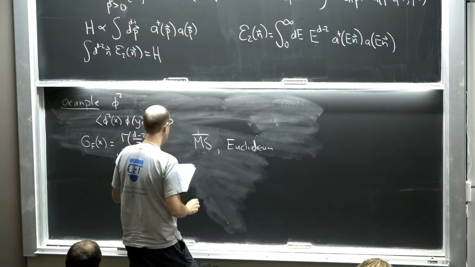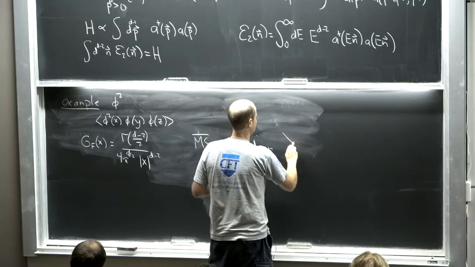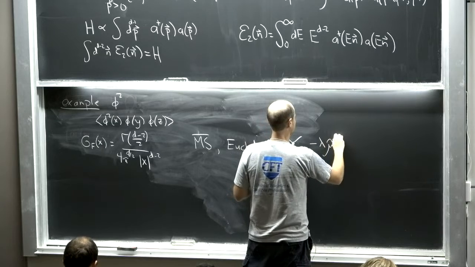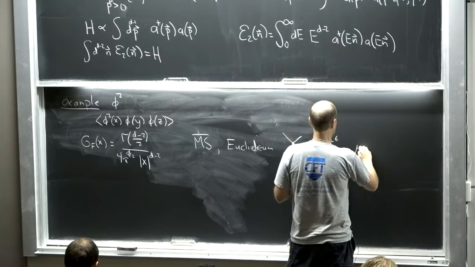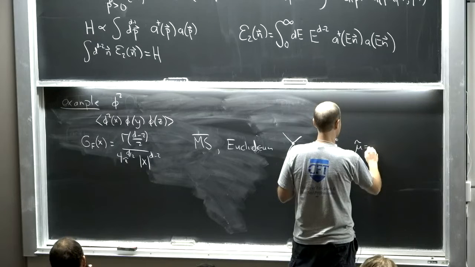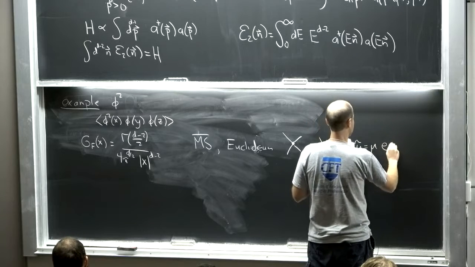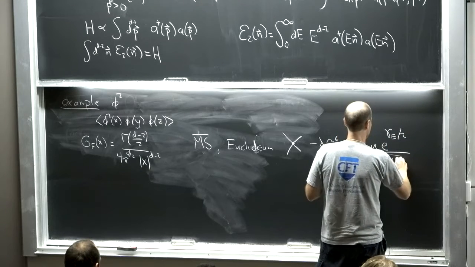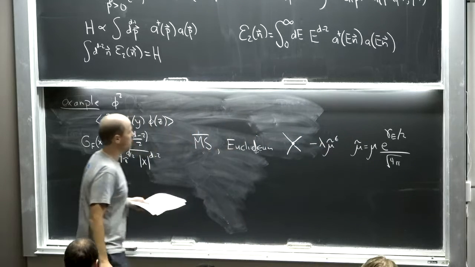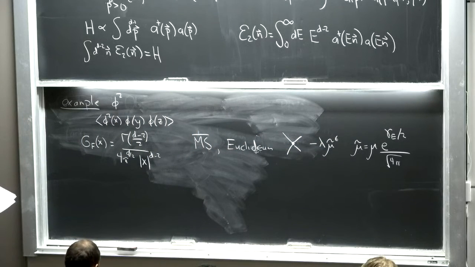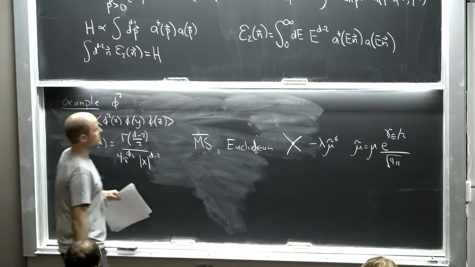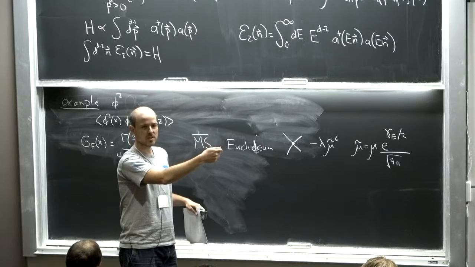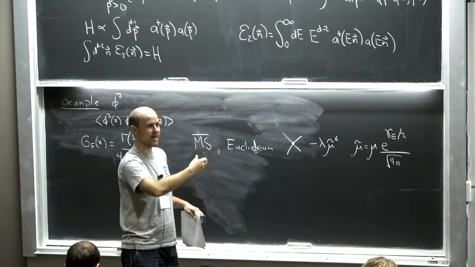So in Euclidean signature, a vertex gets a factor of minus lambda mu tilde to the epsilon, where mu tilde is this funny combination of the renormalization scale mu and some various constants that really are not going to matter for these lectures, but I'll just write them out for concreteness, related to the MS bar renormalization scheme. So these are the Feynman rules we need. This is a minus sign because in Euclidean signature, you have e to the minus action, and so when you expand that exponential, you get minus signs in front of everything.